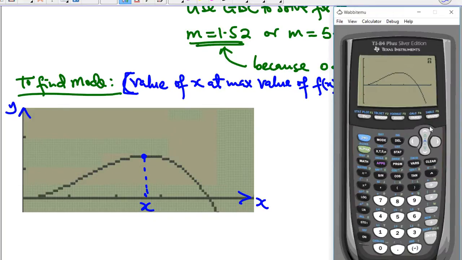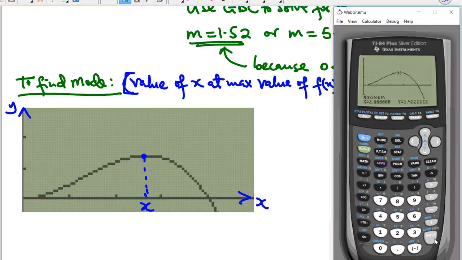So second, find the maximum, left bound, there we go, right bound, there we go. So the value of x will be 2.67.